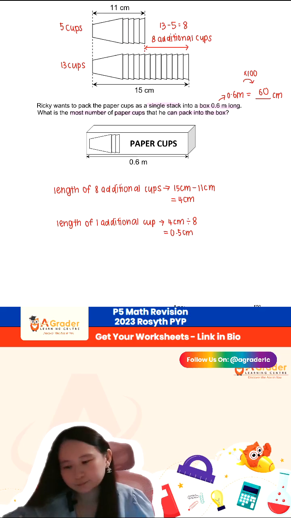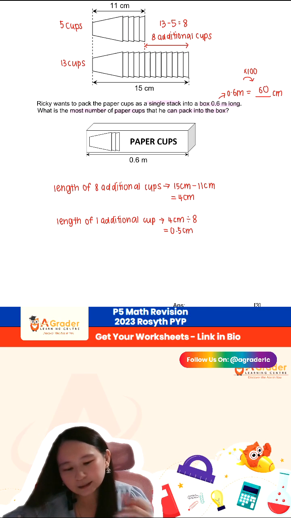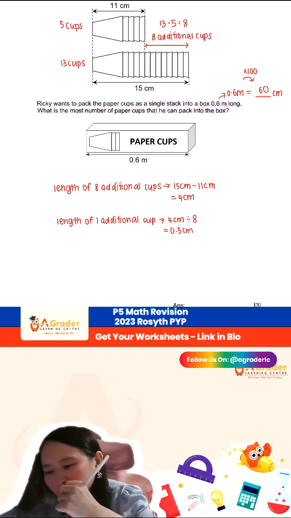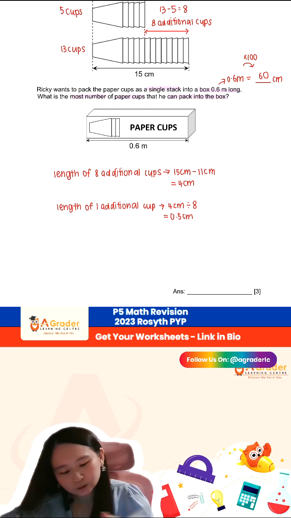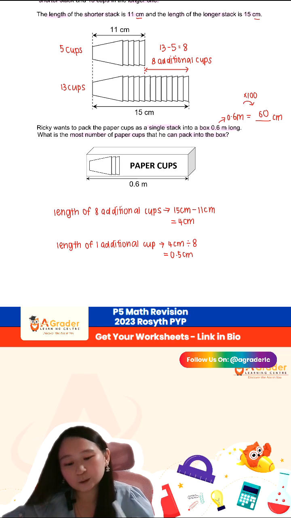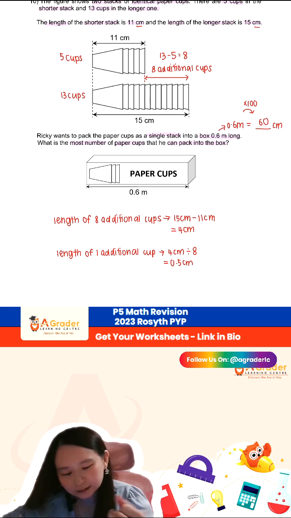Okay. They asked how many cups can he put in 60 centimeter long. So we can either compare with 5 cups or 13 cups. So for this question, I'll compare it with 5 cups.